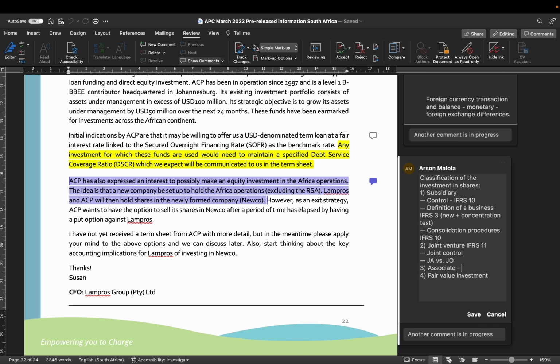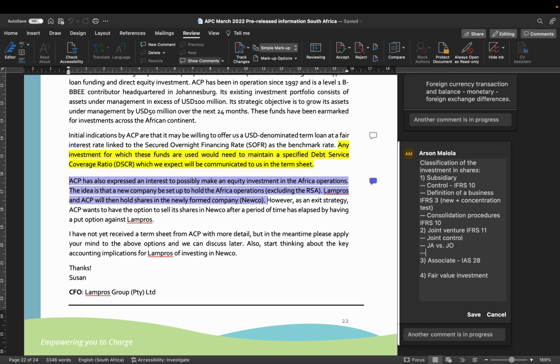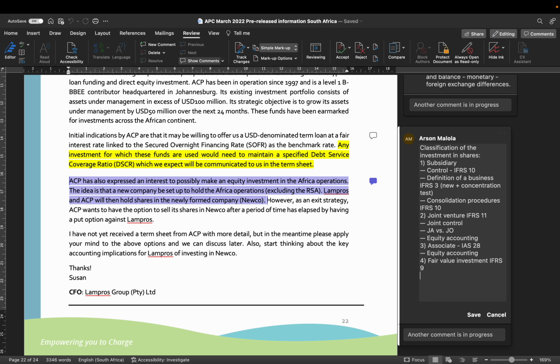And then with an associate, IAS 28, and included in that, I'm going to put it up here as well, we need to revise equity accounting, the basics of equity accounting. And then lastly, fair value investment, IFRS 9, where we need to make sure that we're comfortable with the basics of fair value measurement. Classification, rather.